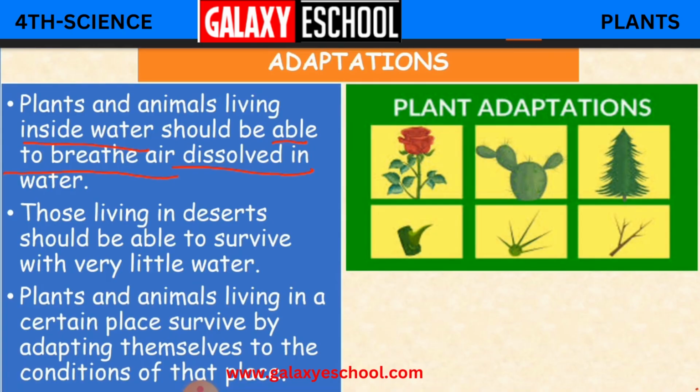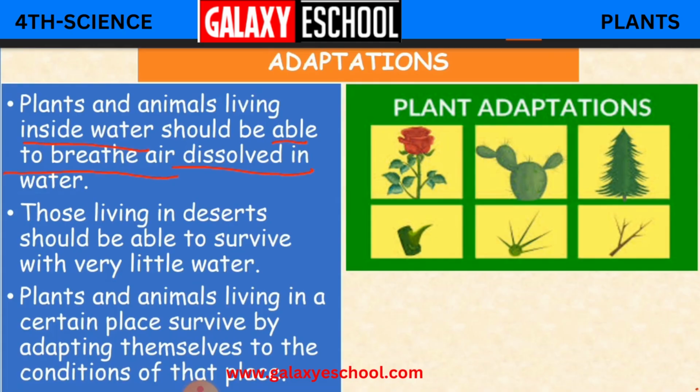Understood children? So a plant living inside the water must be able to breathe the air which is dissolved in water. This is one example of making itself comfortable to live in water. This is called adaptation.